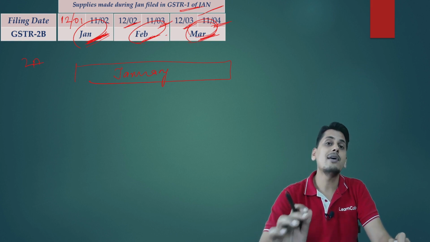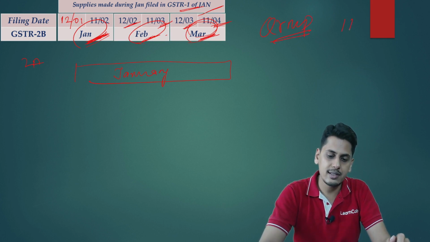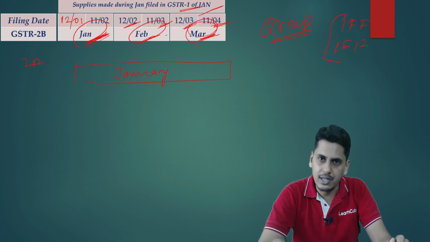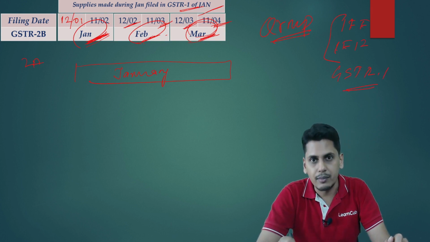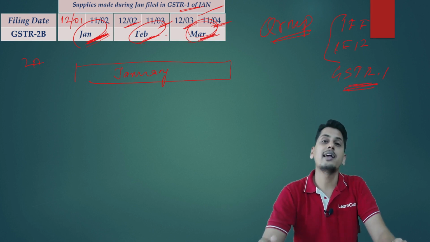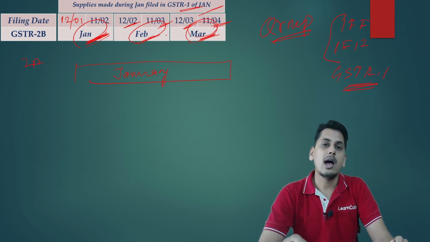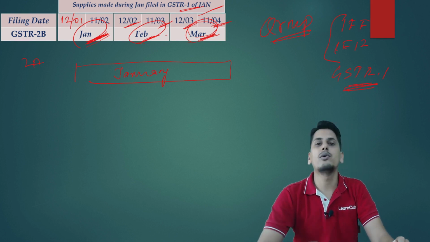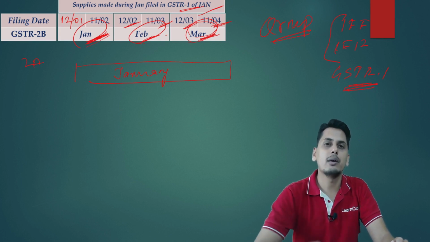So friends, you have QRMP scheme fellows. Those QRMP scheme fellows, for the first and the second month, they would be filing invoice furnishing facility, and then they would be filing GSTR-1 for the entire quarter. Now friends, let's have a look how GSTR-2B report would be there if my supplier happens to be a QRMP fellow.